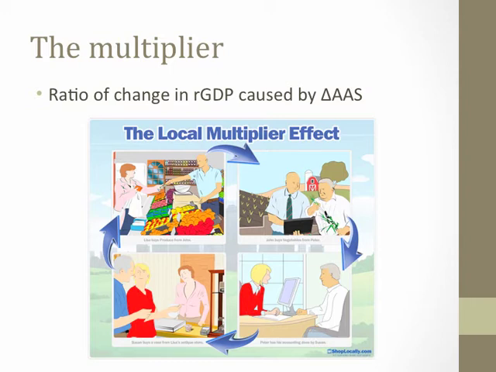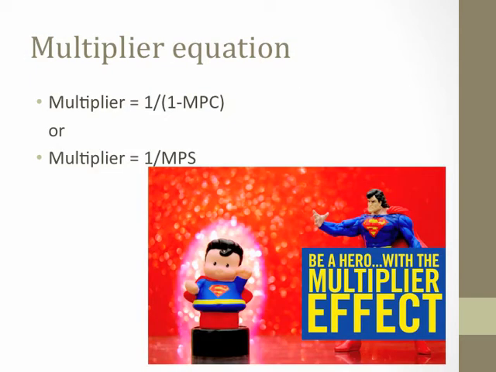That guy then sells something to somebody else. Now he has money and goes and buys something, and it's just this cycle. Remember, like the first video laid out, that initial change of $100 has more than a $100 effect on the economy. So we're looking at what that is, and that's what the multiplier tells us.